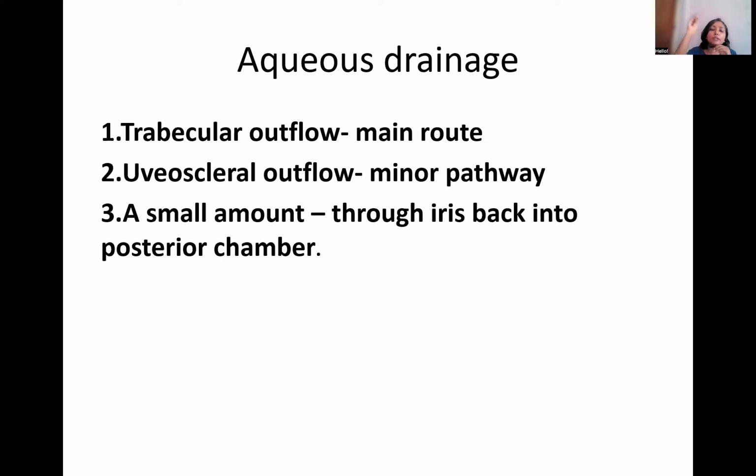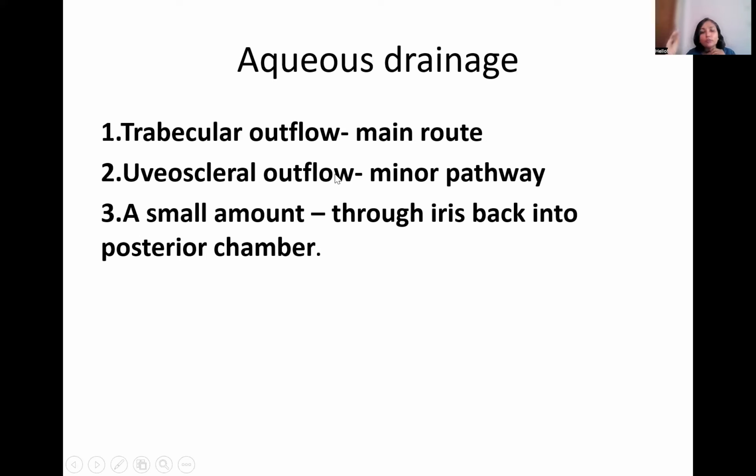A small amount of aqueous will also go back through the iris into the posterior chamber. So these are the routes. The main routes we will be discussing here are the trabecular outflow and the uveoscleral outflow.